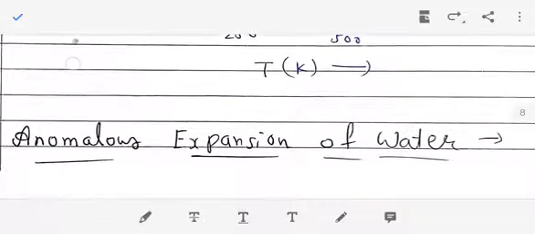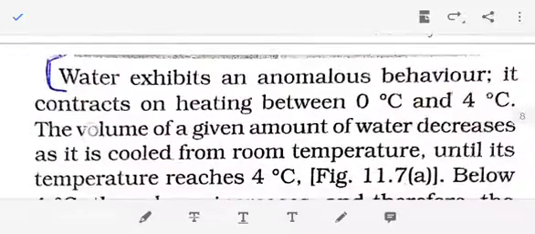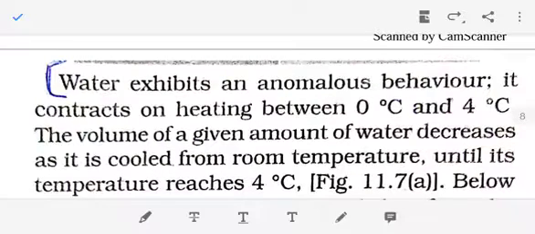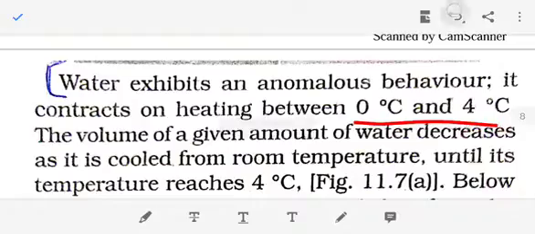Now, another topic is the anomalous expansion of water. Anomalous means different. Water exhibits an anomalous behavior, that means different from others. What is this behavior? It contracts on heating between 0 degree Celsius and 4 degree Celsius. When we are heating the water between these temperatures, it contracts.